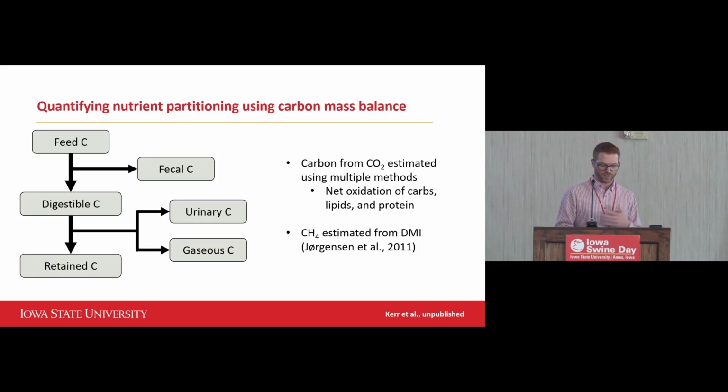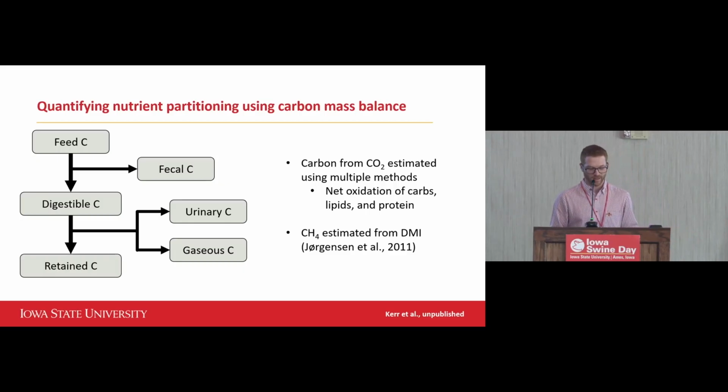If we understand the nutrients retained in the pig, the amount of lipid and protein deposition occurring, and the intake of digestible protein and digestible lipid, we can then calculate the energy retained in that pig, and then estimate proportionally how much protein, lipid, and carbs had to be oxidized for heat production, and relate that back to CO2.